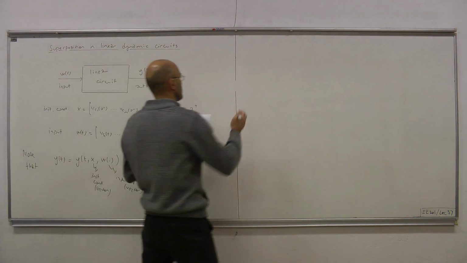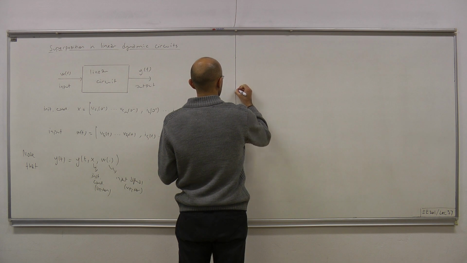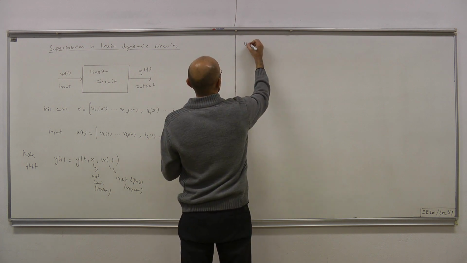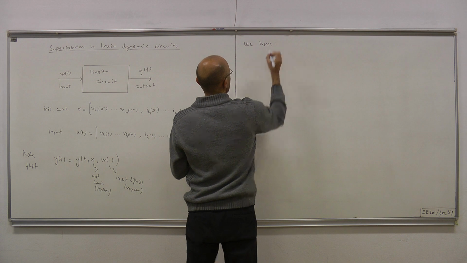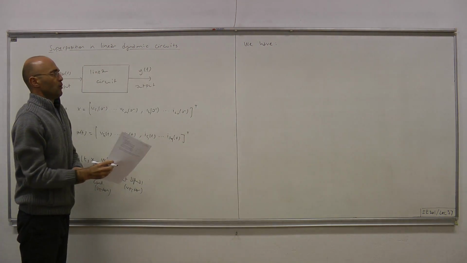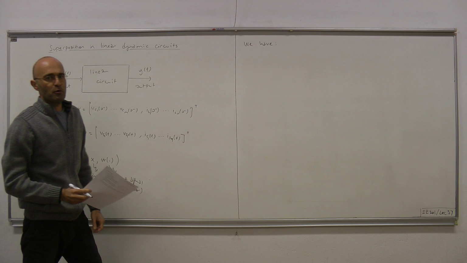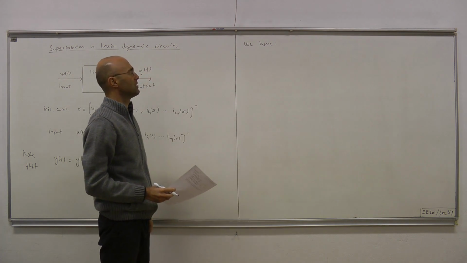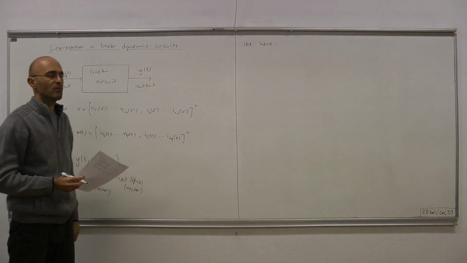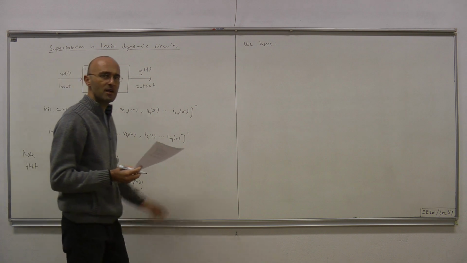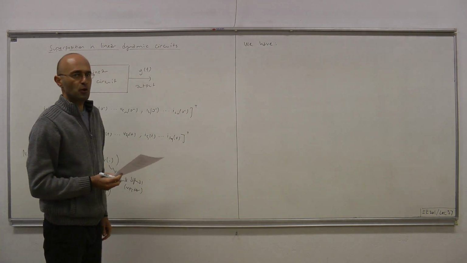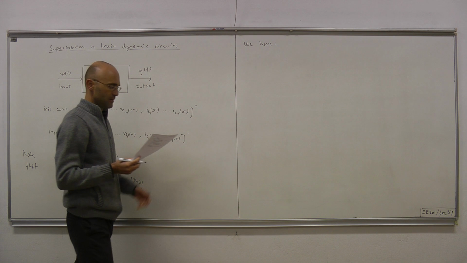Now we can write the following. Three different aspects of superposition which can be written down compactly in just one single property, but let's write them separately so that we can see certain things in a clearer light.